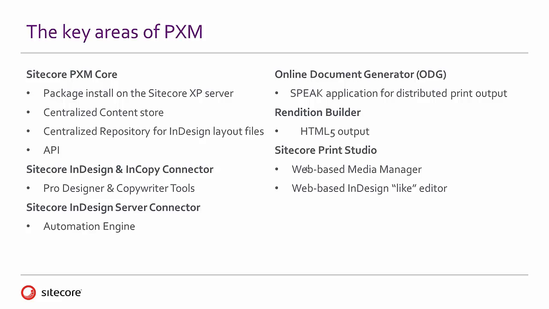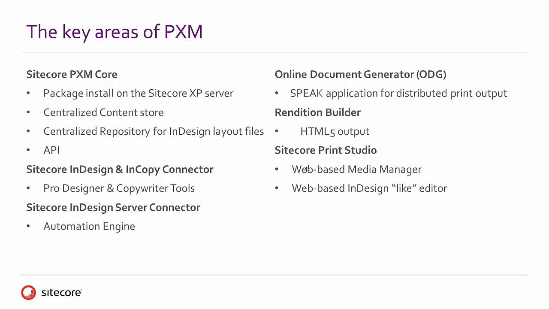So this is used by PXM when generating content to go to InDesign. It also adds some web services necessary for the InDesign and InCopy connector. And lastly, within the Sitecore repository itself, it adds a number of files and a number of areas within the Sitecore site for storing your InDesign layouts and storing the templates for those items that are created as well.